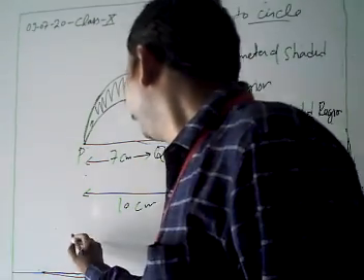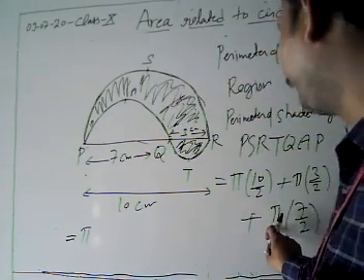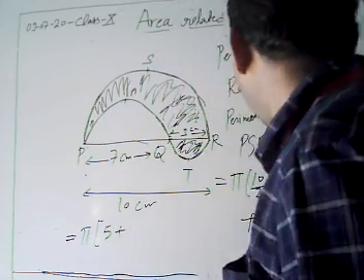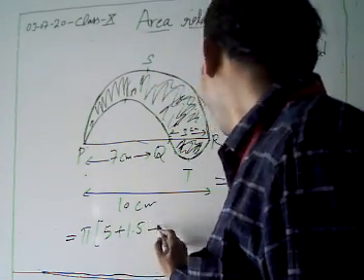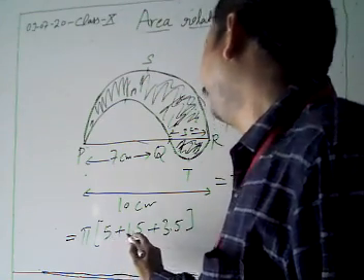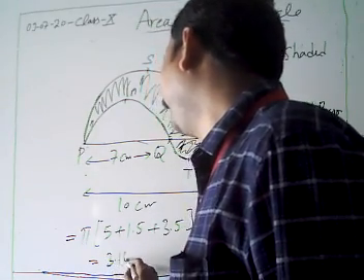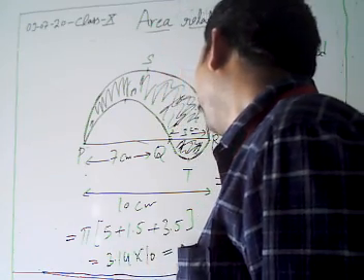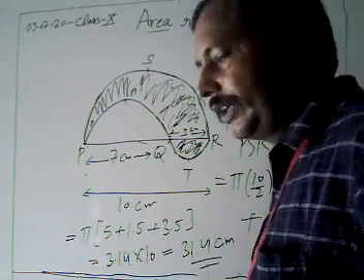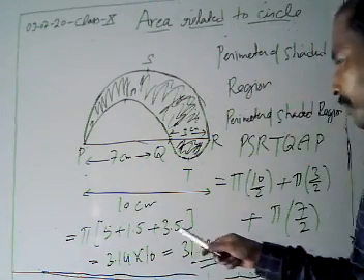Now we take out pi common: 10 by 2 is 5, 3 by 2 is 1.5, and 7 by 2 is 3.5. Now 5 plus 1.5 plus 3.5 is 10. Taking pi as 3.14, times 10, we get 31.4 centimeter. This is our required perimeter.